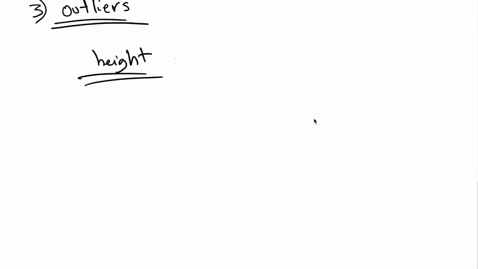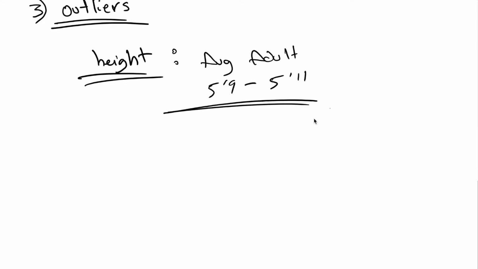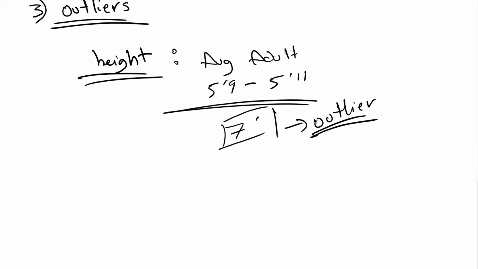The height of an average adult is, let's say, 5'11". Let's say between 5'9" and 5'11". If in your data set you have height of, let's say, 7 feet, then that becomes an outlier in the data set. Now, there are different ways to handle these outliers.